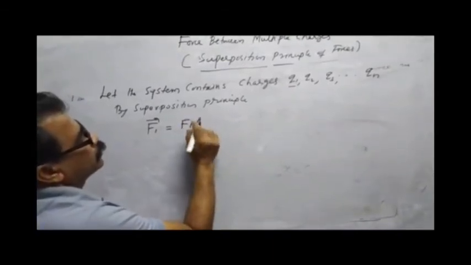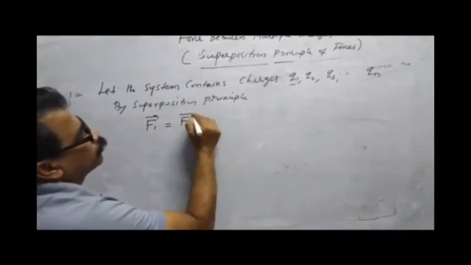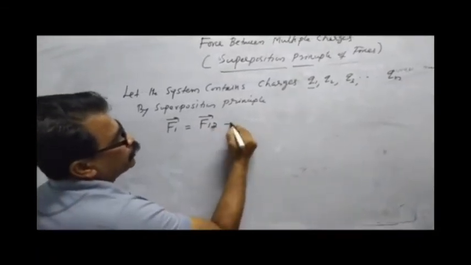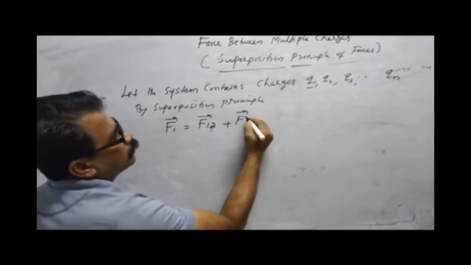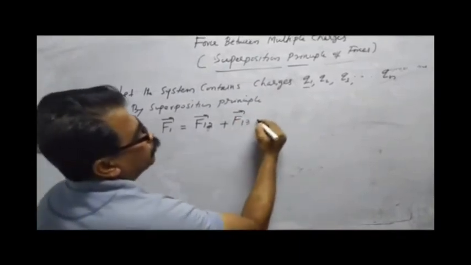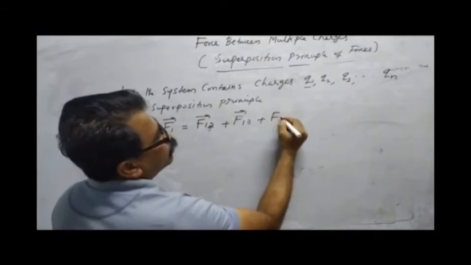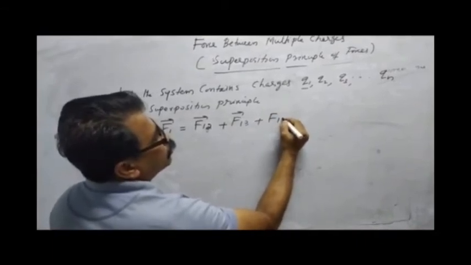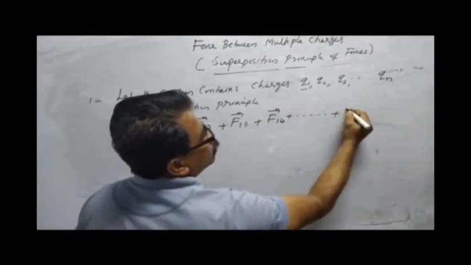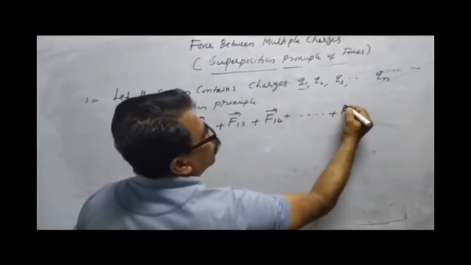F12, the force exerted on Q1 by the charge Q2, plus the force exerted on the charge Q1 by the charge Q3, plus the force exerted on charge Q1 by the charge Q4, plus etc. plus F1n.